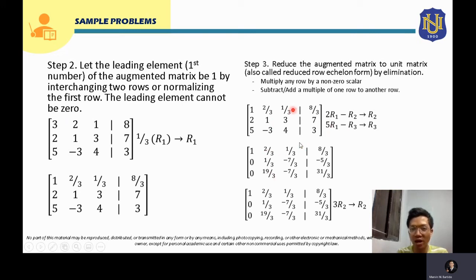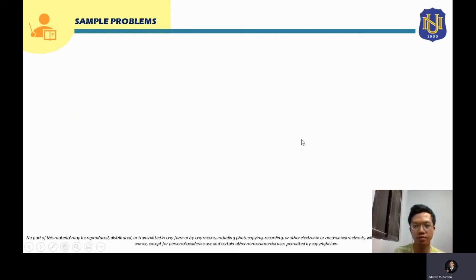And then 5 times 1/3 minus 4, that will give you negative 7/3. And then 5 times 8/3 minus 3. So this will now be the new augmented matrix. This will be the new second row obtained from the operation that we performed in the previous slide.